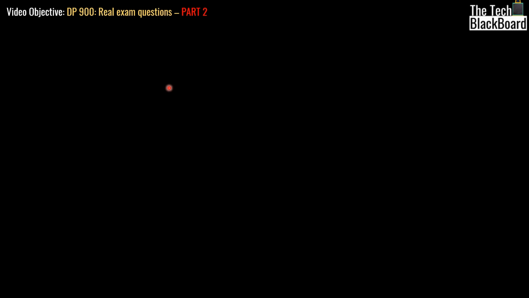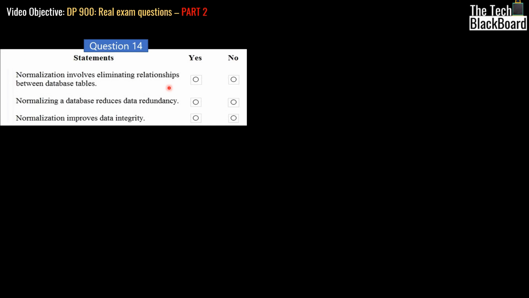So let's begin. Our first question has got three statements. The first statement says, normalization involves eliminating relationship between database tables. In case of normalization, what we do is we build a lot of tables in a relational database, and amongst those tables we set relationships so that we are able to select the data from different tables.